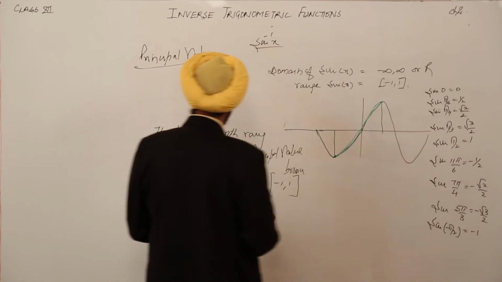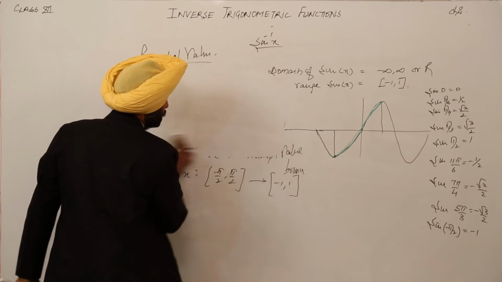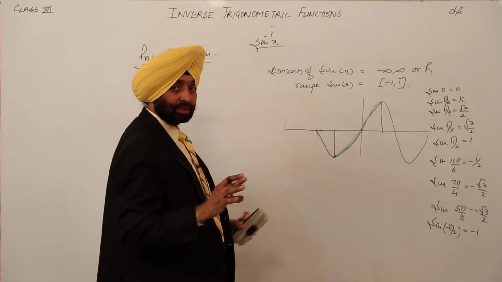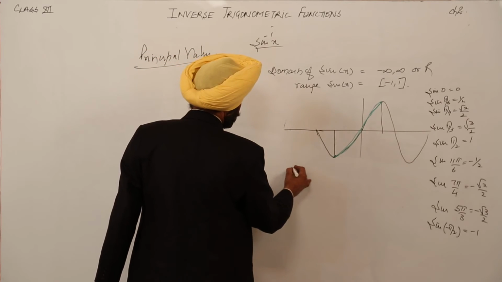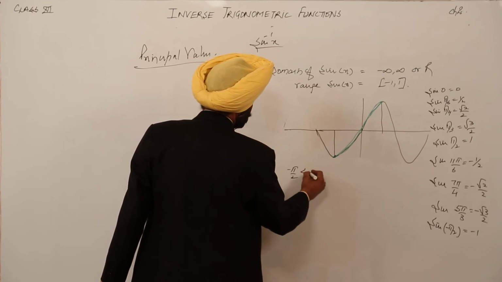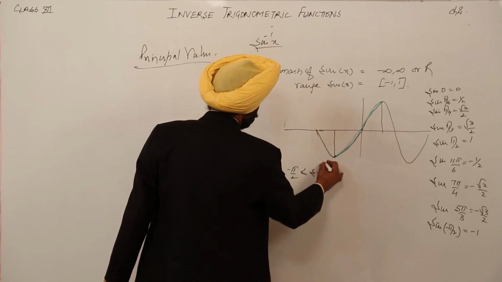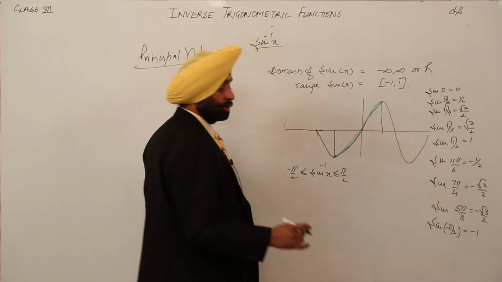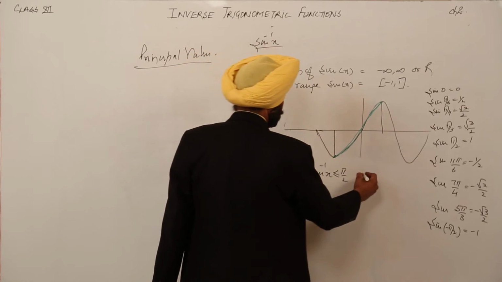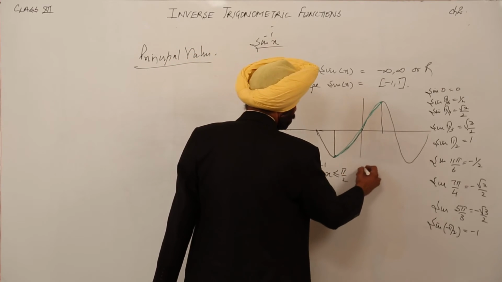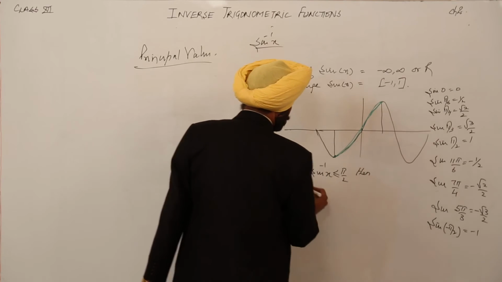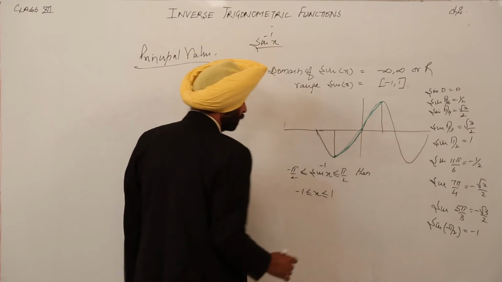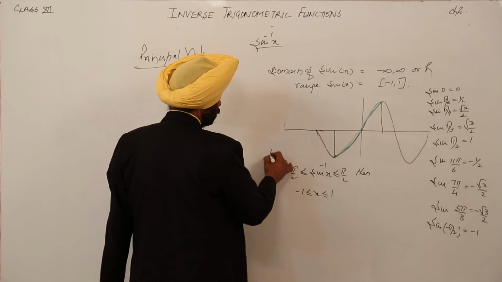Okay, so this is one thing, and the second thing is we can very nicely write that minus pi by 2 is less than or equal to sine inverse x is less than or equal to pi by 2, and then minus 1 is less than or equal to x is less than or equal to 1.